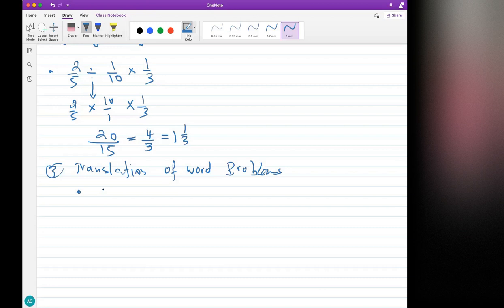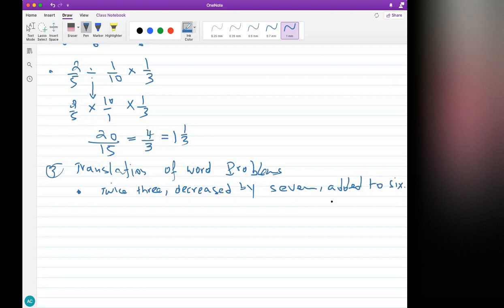Let's say twice 3, decreased by, let's say, so that's an order of operation, but it is written as a sentence instead of a word problem.